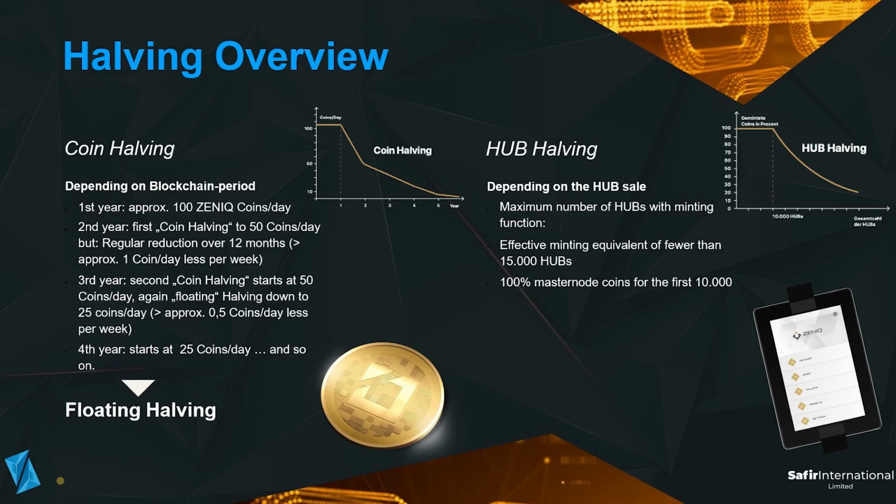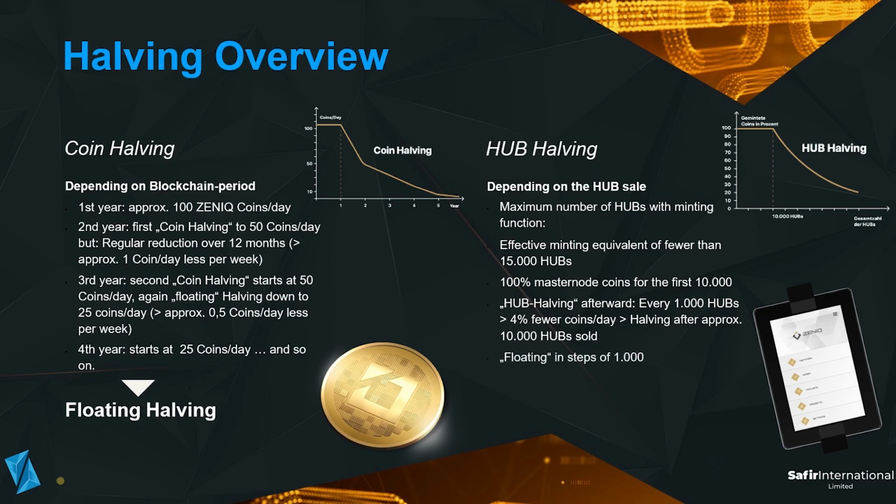The next 1,000 pieces have 4% less than the previous 10,000. And if these 1,000 pieces are sold, the next 1,000 pieces have also 4% less than the previous 1,000 pieces. So there you are having a floating halving in steps of 1,000 pieces, and it's called our selling halving.